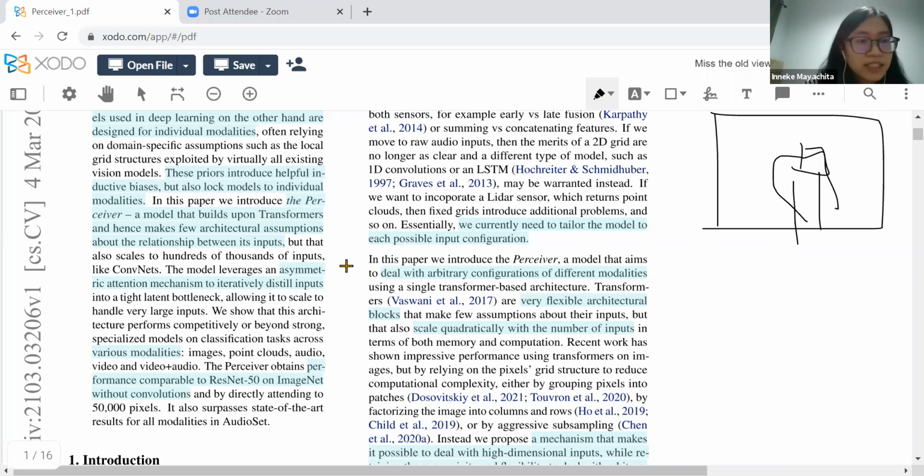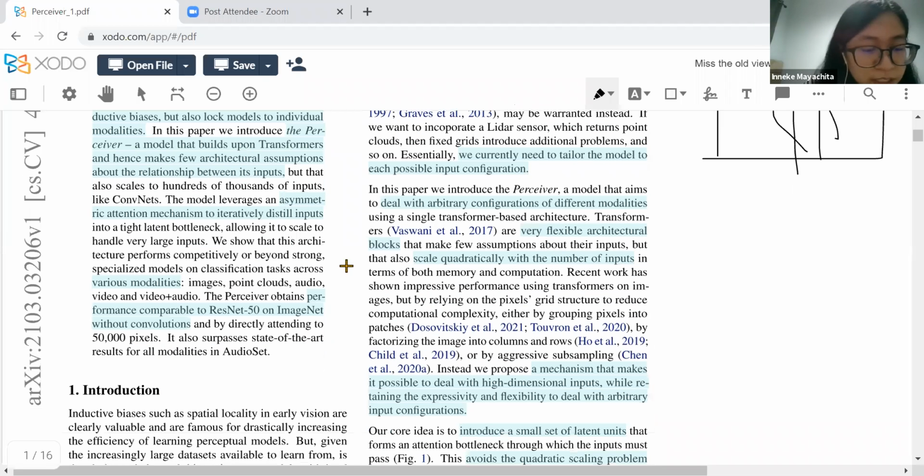So this paper is saying that a transformer is good, in that it doesn't have these inductive biases, unlike CNN, but it also has another drawback, the problem of quadratic complexity. So this paper wants to make use of the fact that transformers don't have inductive biases, but get rid of that quadratic complexity.